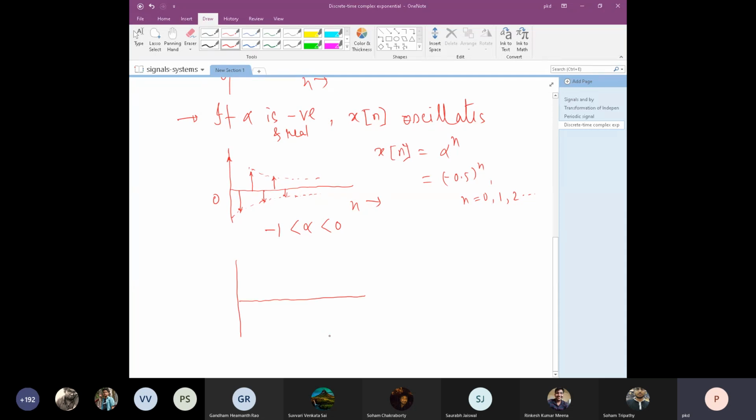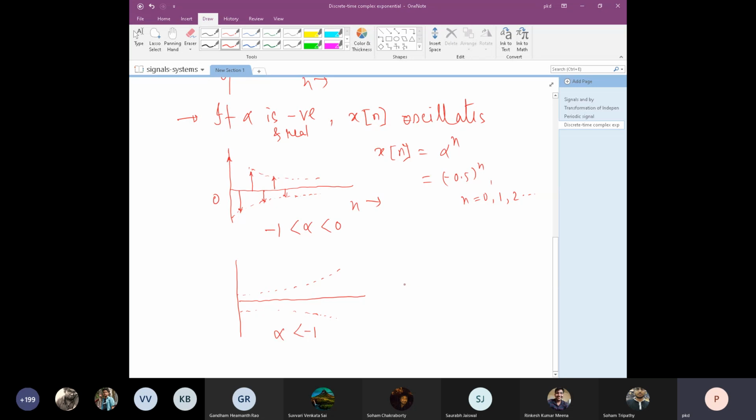And if we have alpha less than minus 1, the value will be interpreted as minus 1 to the power n into alpha to the power n.